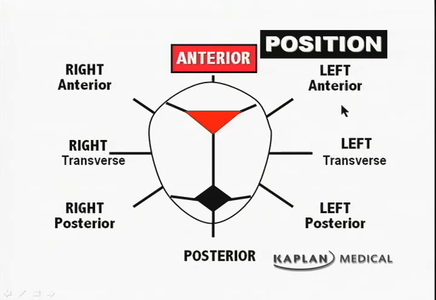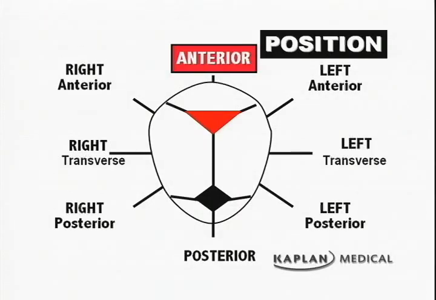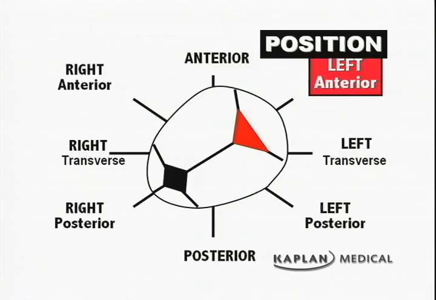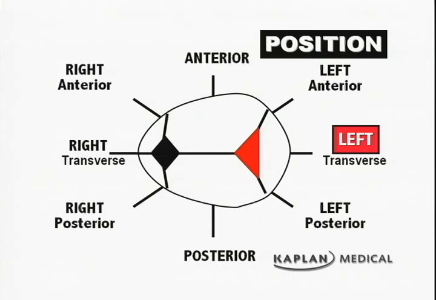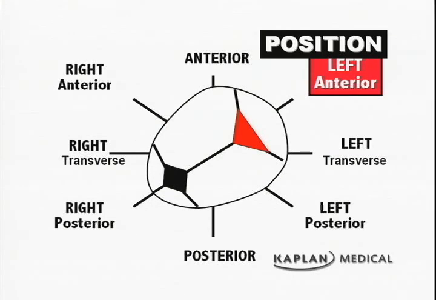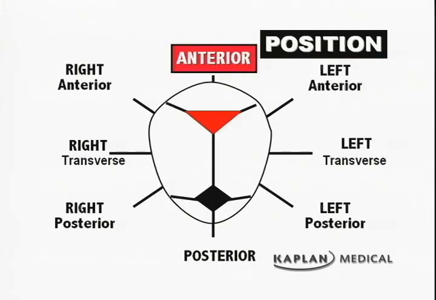Now this baby, all of these are longitudinal lie. They are all cephalic presentation, but they are rotating around. And this is going to be important in what we call the cardinal movements of labor as we talk about it later on. Because the fetus will start labor in a transverse orientation, and it will rotate internally to anterior.